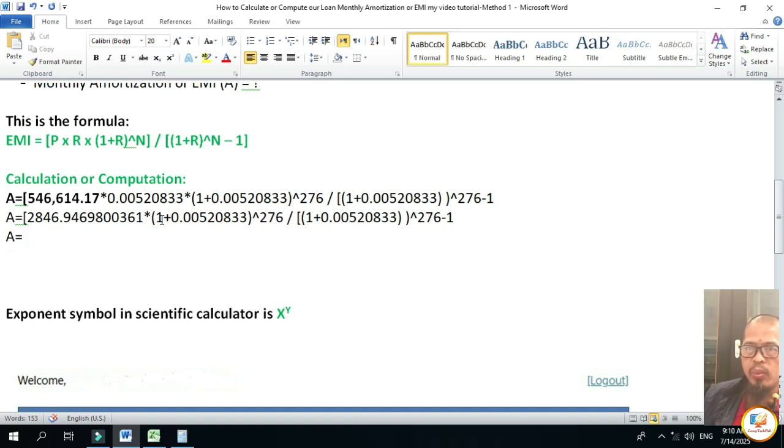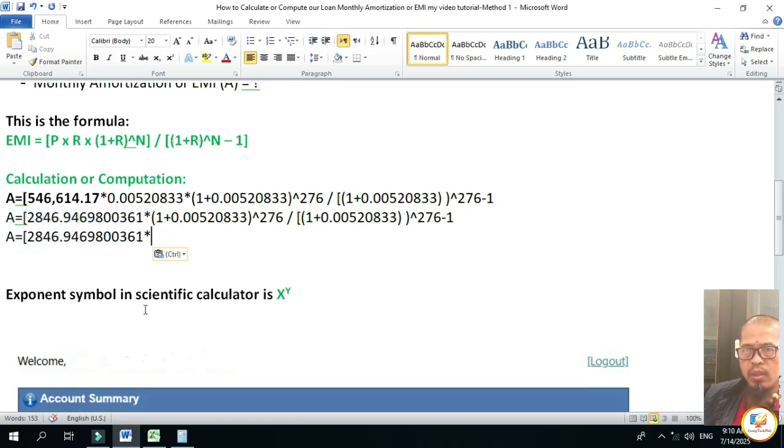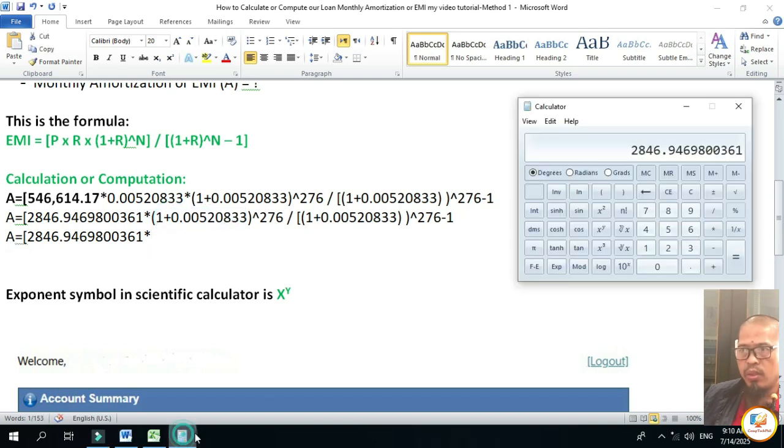So we're going to plus this one. 1 plus 0.0052. Of course, here you have to copy this one. Then we're going to plus this one using again our calculator.